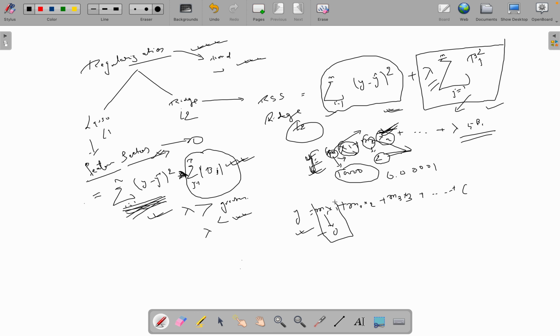So if there is no importance for x1, it will make its coefficient 0, and our equation will be m2 x2 plus dot dot dot plus c. These coefficients will be 0, so these features will have no impact on the model building. Now we'll see how lasso is used as a feature selector.